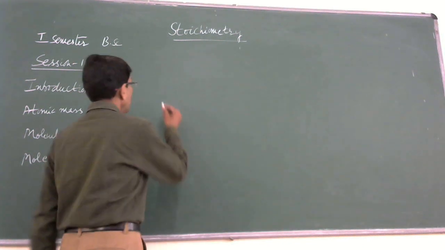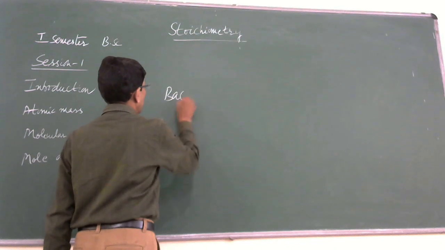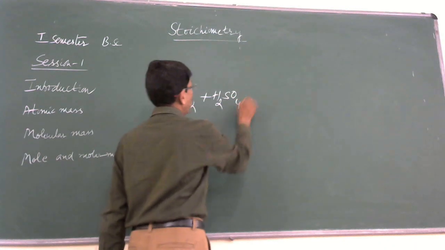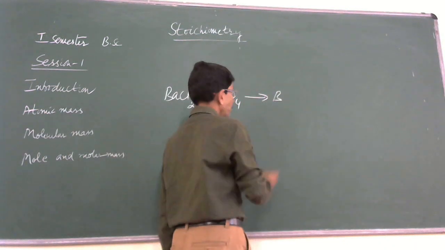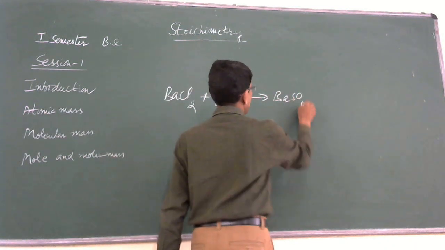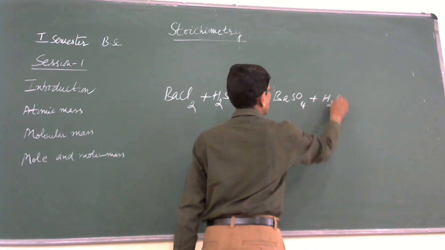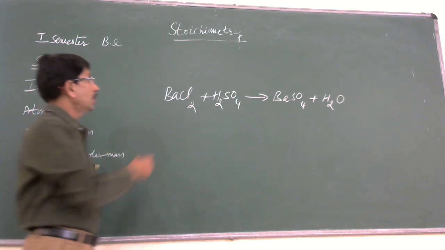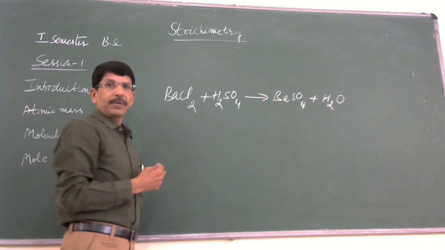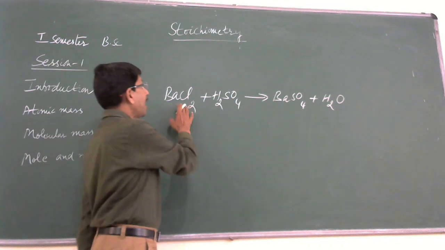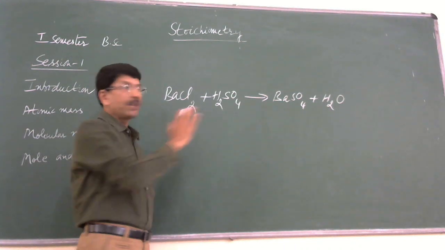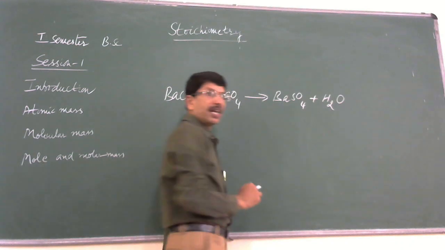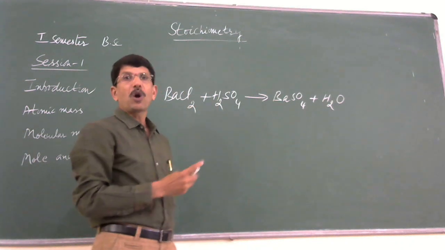For example, if we take barium chloride plus H2SO4 giving rise to barium sulfate plus water, if you consider this reaction, balancing a chemical reaction is nothing but the number of atoms of each element on the reactant side should be equal to the number of atoms of that element on the product side.